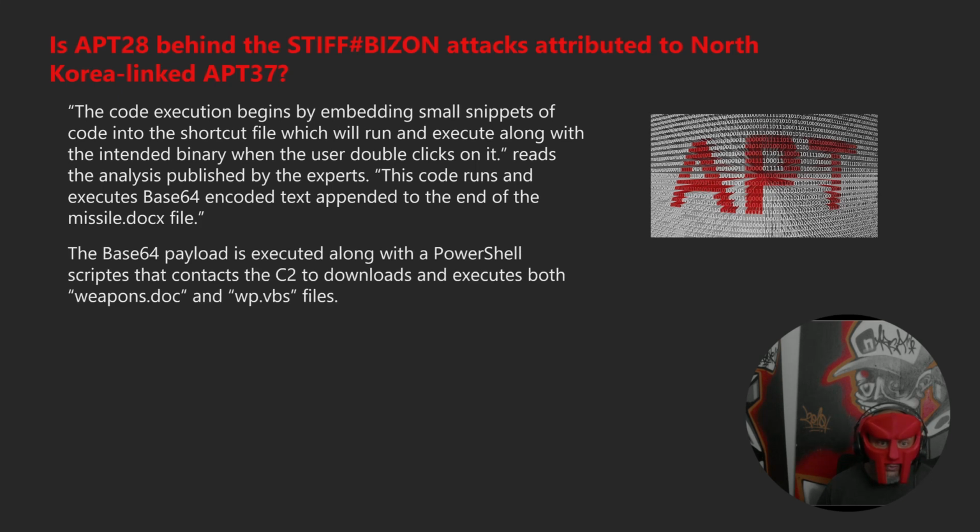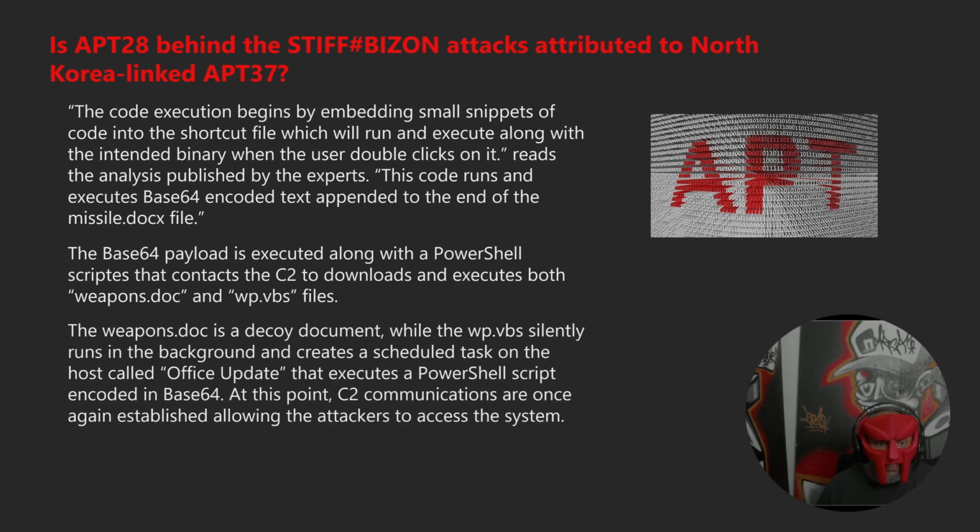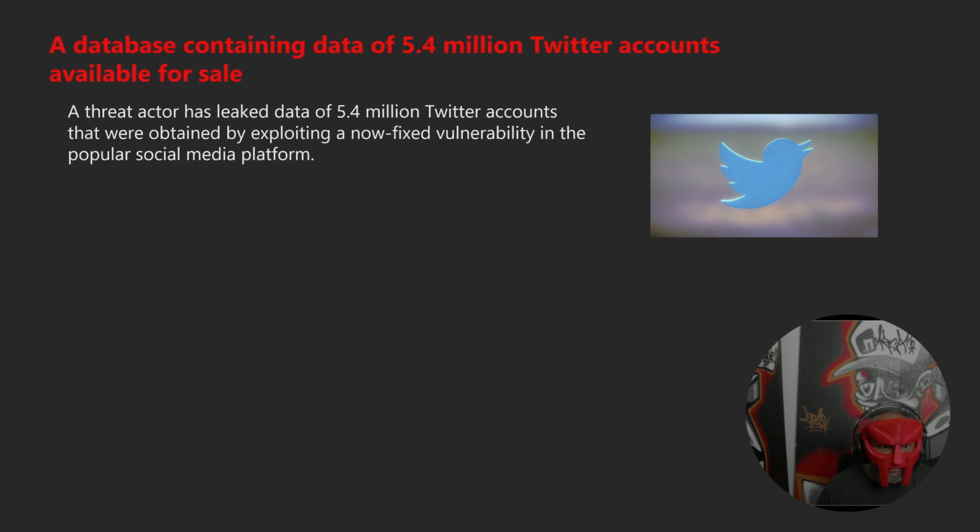The base64 payload is executed along with a PowerShell script that contacts the command and control to download and execute both weapons.doc and wp.vbs files. The weapons.doc is a decoy document, while the wp.vbs silently runs in the background and creates a scheduled task on the host called Office Update that executes a PowerShell script encoded in base64. At this point, command and control communications are once again established, allowing the attackers to access the system.